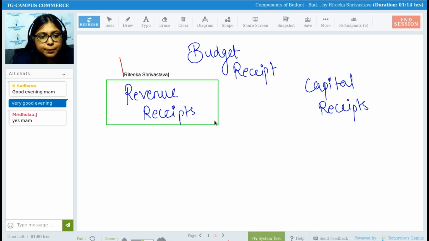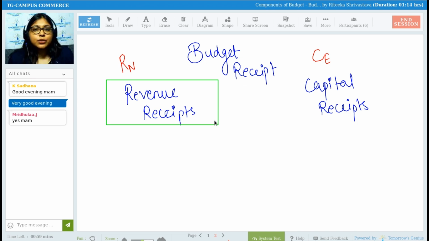For receipt part, we put RN, and for capital receipt, we put CE. RN means revenue receipts neither create assets nor reduce the liability of the government. Whereas capital receipt means it will either create a liability or reduce the asset. That was the meaning.